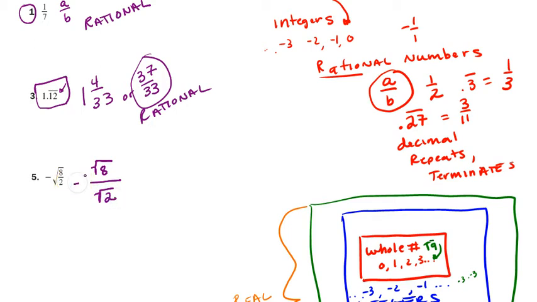And I'm looking for the opposite of this. Now, I'm going to simplify this before I make a decision about whether this is irrational or rational. I'm going to factor it out. So this would be the opposite of 2 times 2 times 2 over the square root of 2.